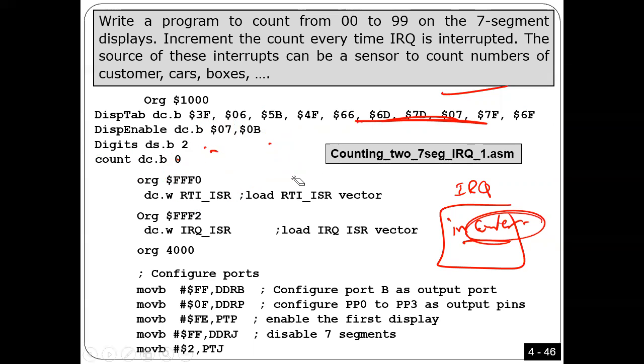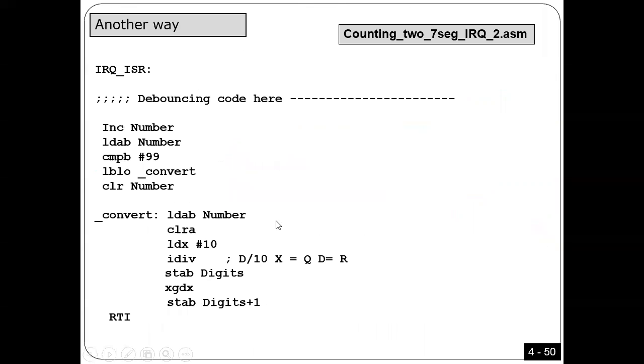You'll see right now how we do it, okay? Let's see RTI first. So this is RTI, guys. Every time IRQ is interrupted, number 1, I'm going to increment the number. This number is the counter, okay?